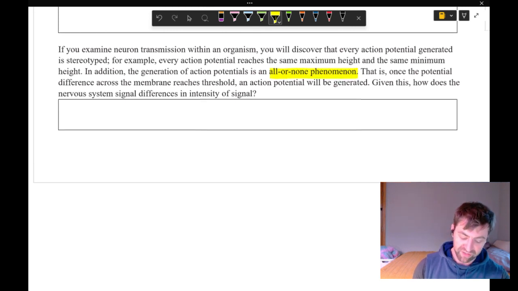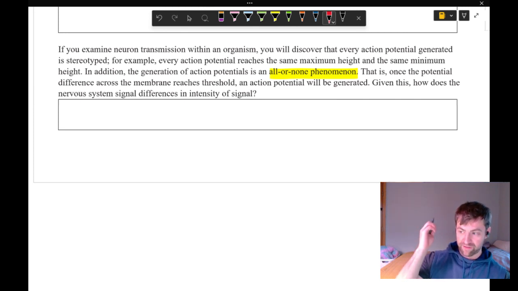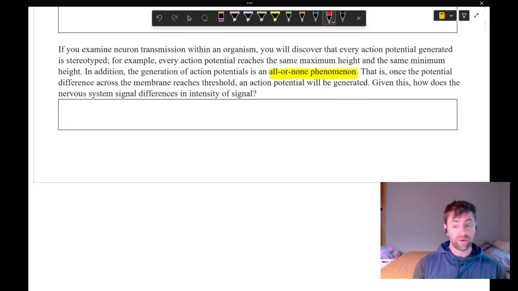That is, once the potential difference across the membrane reaches threshold, an action potential will be generated. Given this, how does the nervous system signal differences in intensity of a signal? If it's all or none, the signal either continues down the axon as an action potential or it does not.